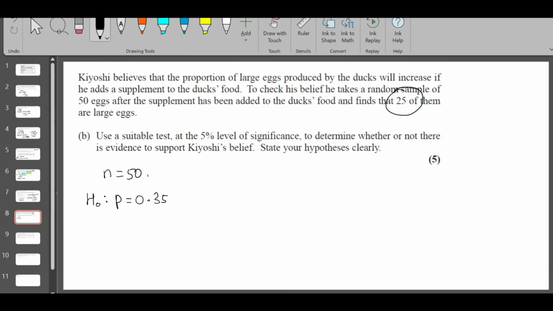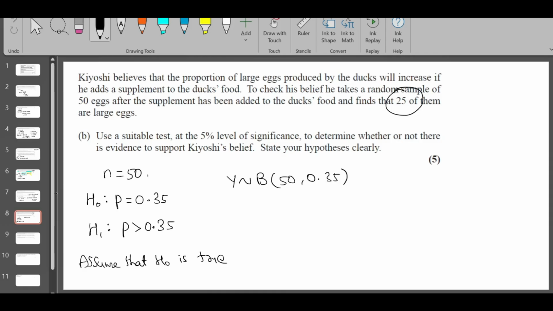It was 35% large eggs, right? Now he believes that if he adds supplement, the probability will be increased, right? So we write, assume that H0 is true. So we can write Y follows binomial distribution of 50, 0.35. And the observed value is 25.